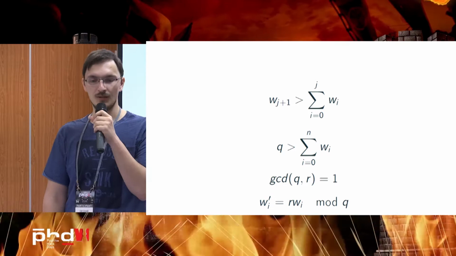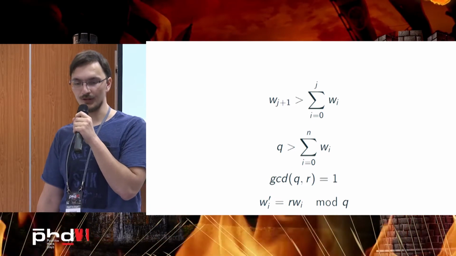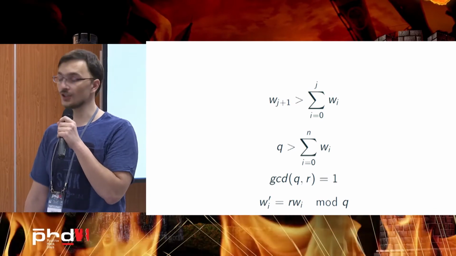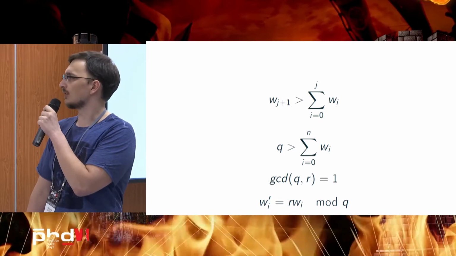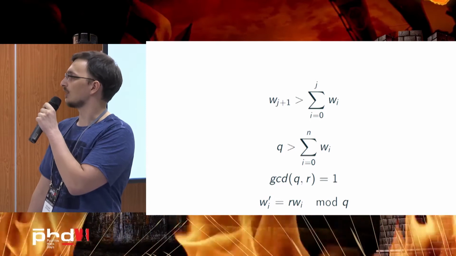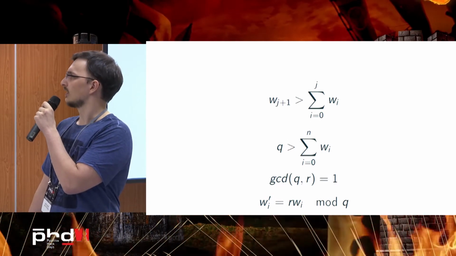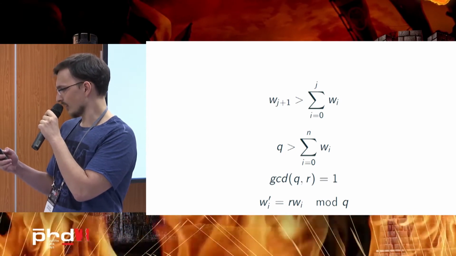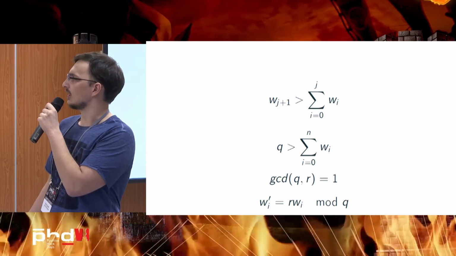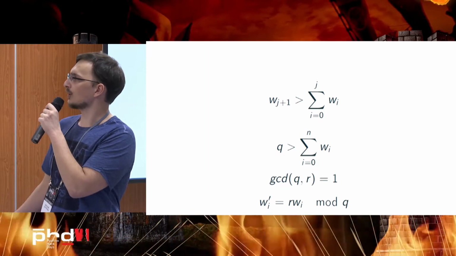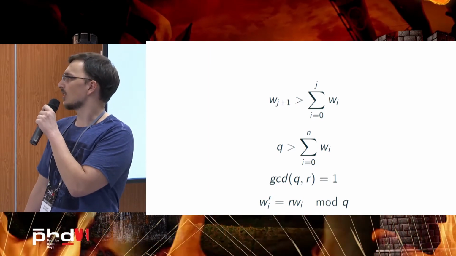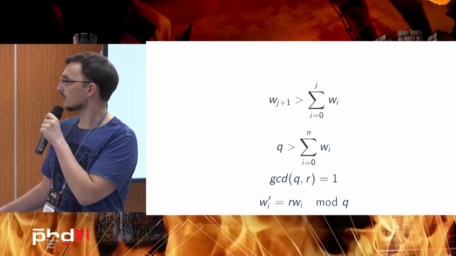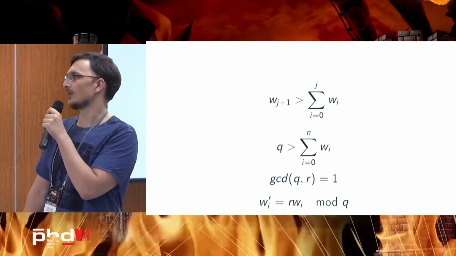In the early 1970s, Merkle and Hellman came up with one of the cryptographic solutions with the open key, and they used an additional number of weights. Each next weight is more than the sum of all of the previous ones.